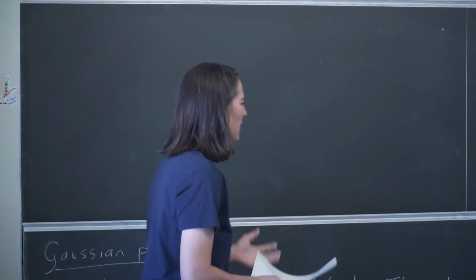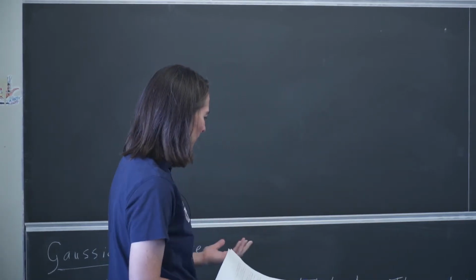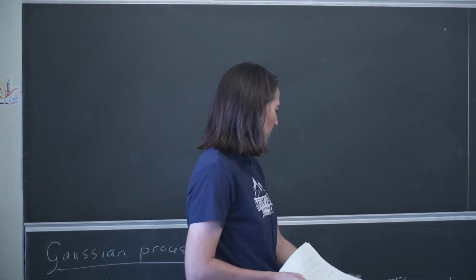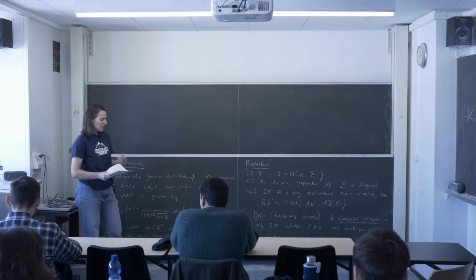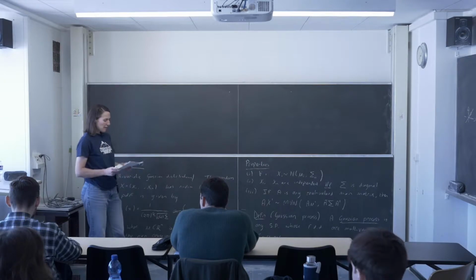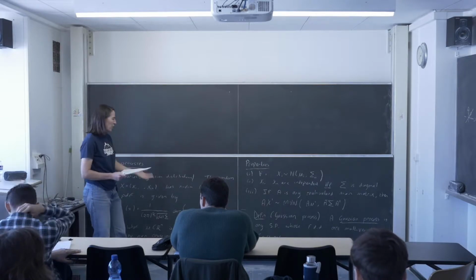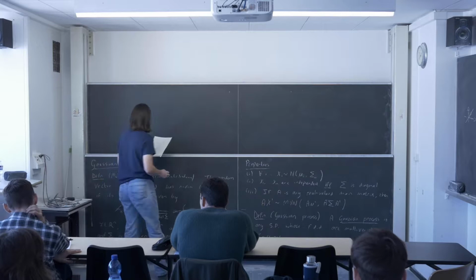So in the examples I'm going to give, I'll give you enough information that you can work out the expectation vector and the covariance matrix, and because you know it's a Gaussian process, you then know all the finite dimensional distributions.